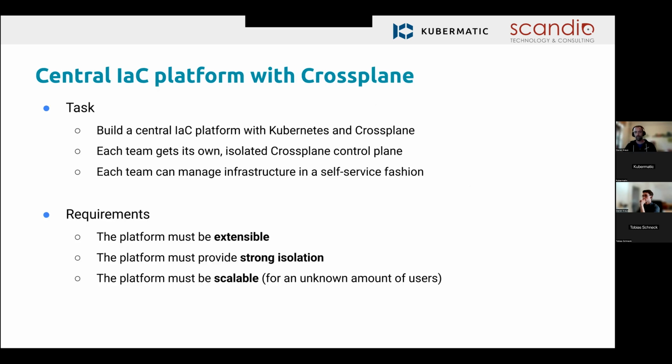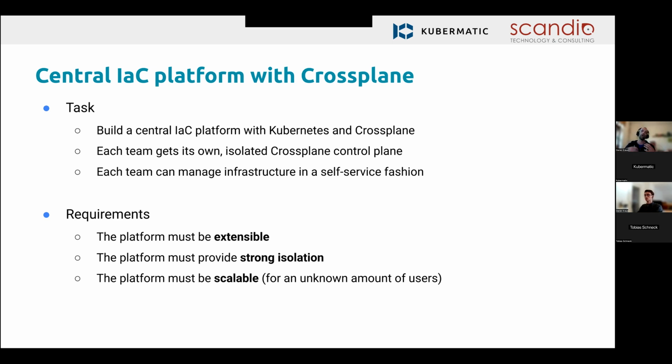So I hope I didn't overwhelm you with all the YAML stuff here, and you are still with me so we can talk about our second use case: building a central infrastructure as code platform with Crossplane. Based on what you have seen, you know that Crossplane is quite powerful.